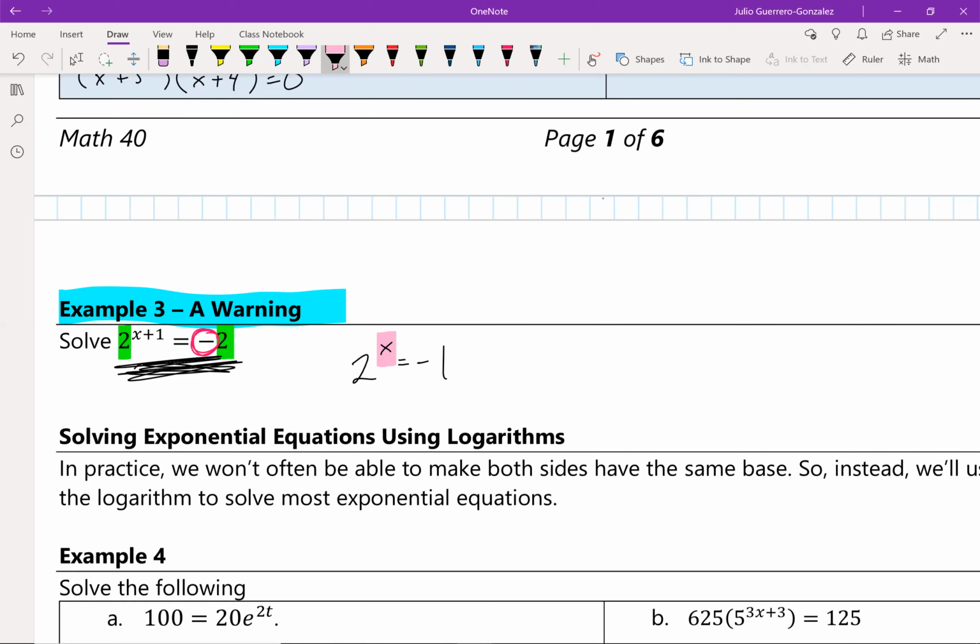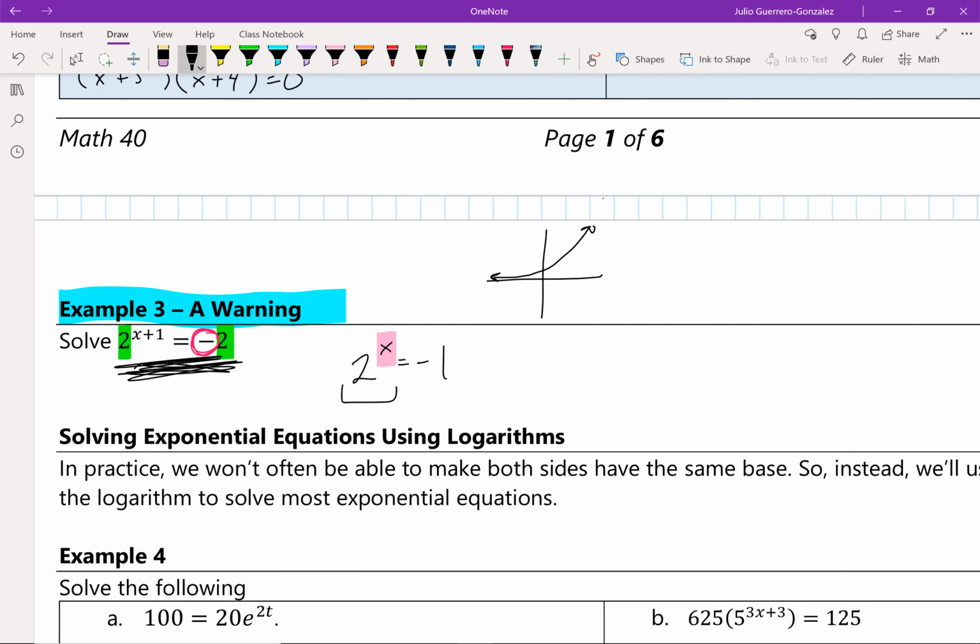No. We cannot. So you guys remember how this graph looked, right? It looked something like this. It kept growing. It never dipped down into the negatives ever.